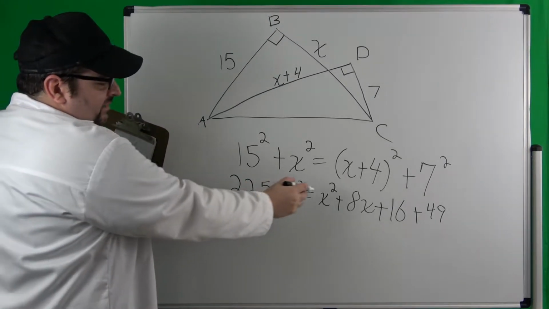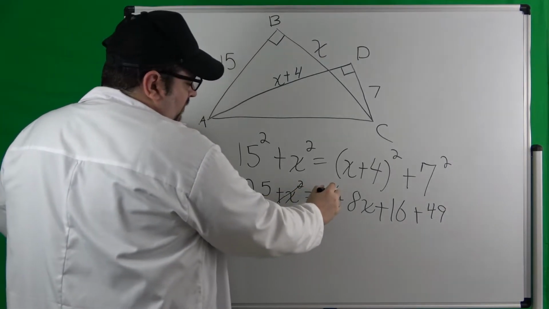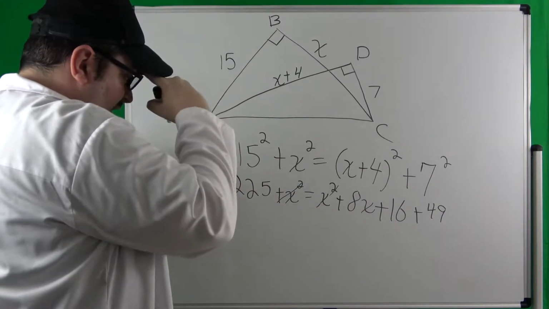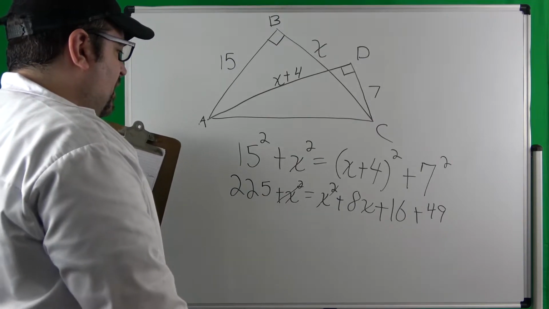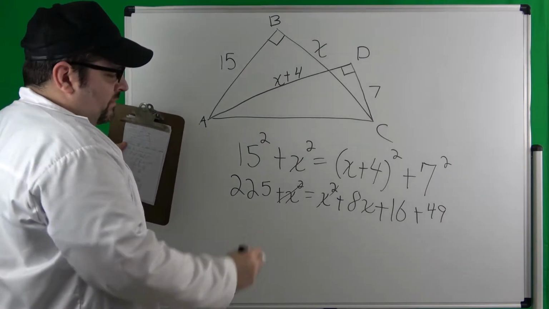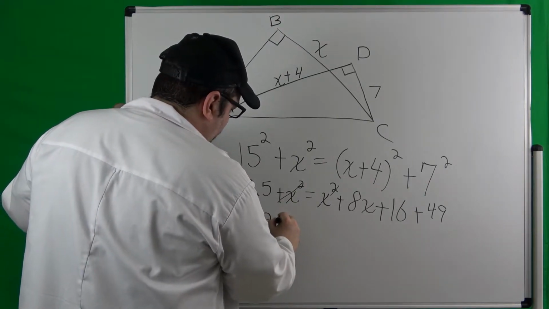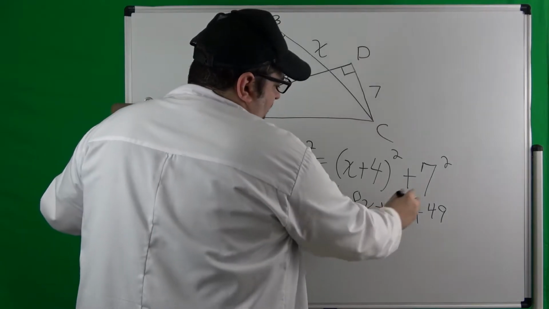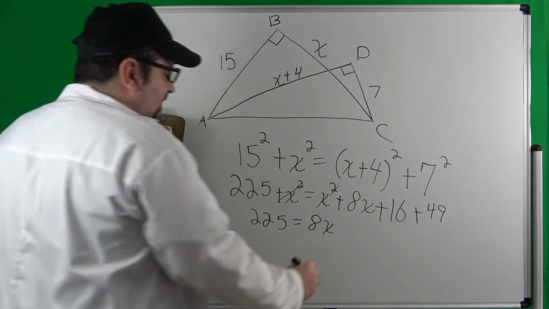We can go ahead and cancel out the x squareds, right? We just subtract them from each side, so they're gone. We'll just carry it down: 225 equals 8x plus, and what's 16 plus 49? That would be 65, right?